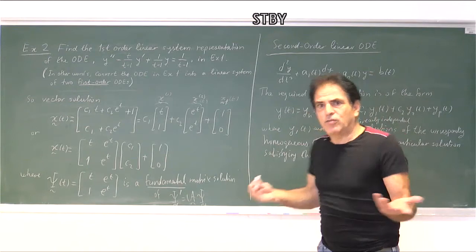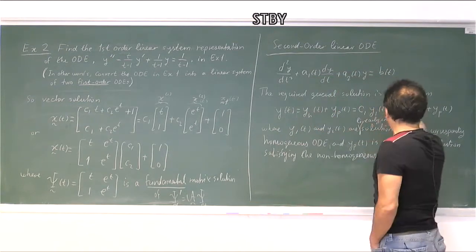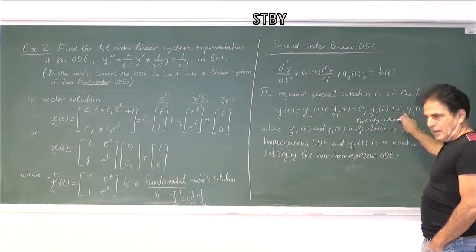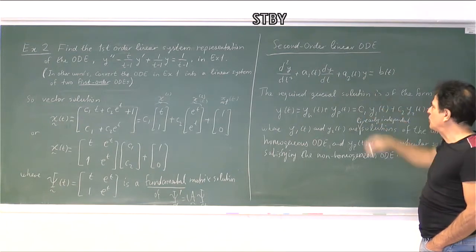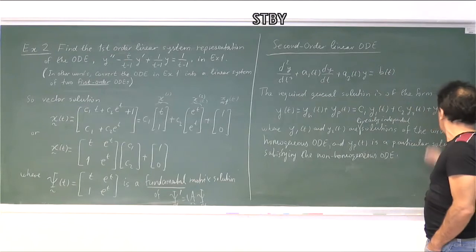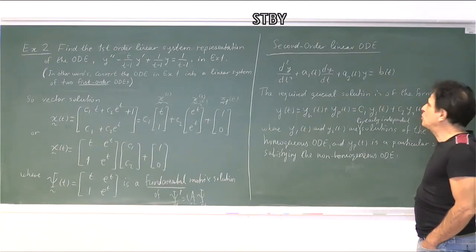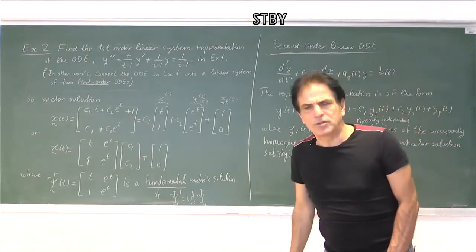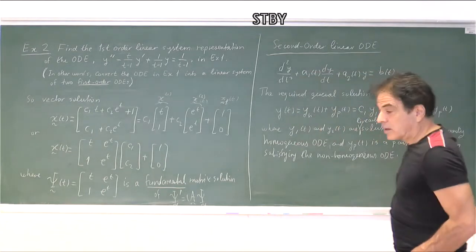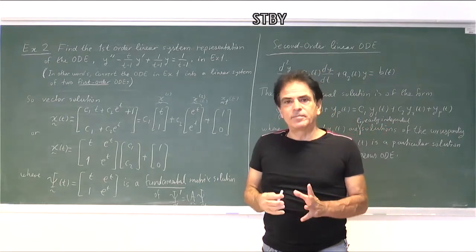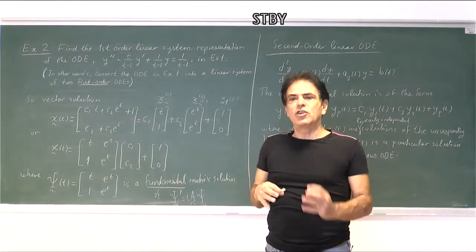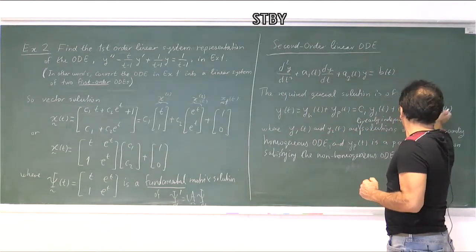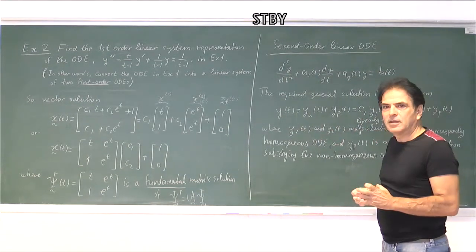So from a practical viewpoint, we have to find three functions: y1, y2, as linearly independent solutions of the corresponding homogeneous equation, and a particular solution which satisfies the non-homogeneous equation upon substitution. But unfortunately, there is no general method to find y1, y2, and yp.